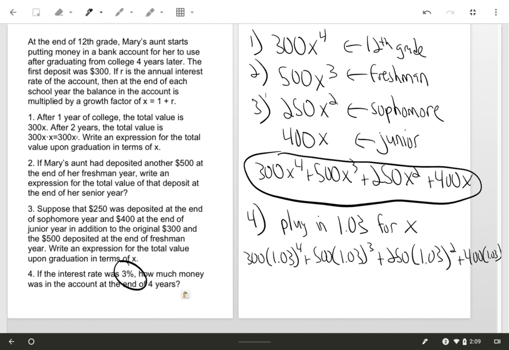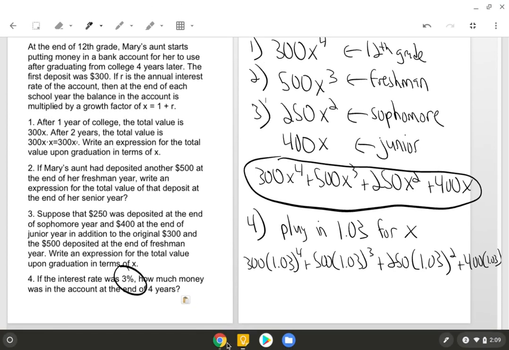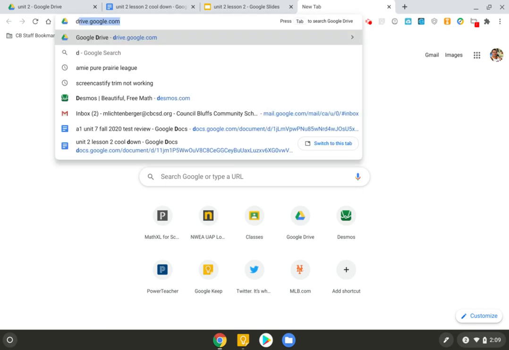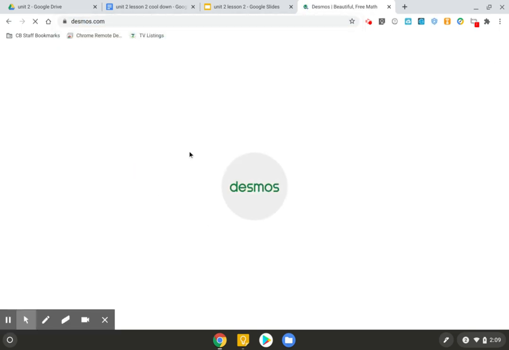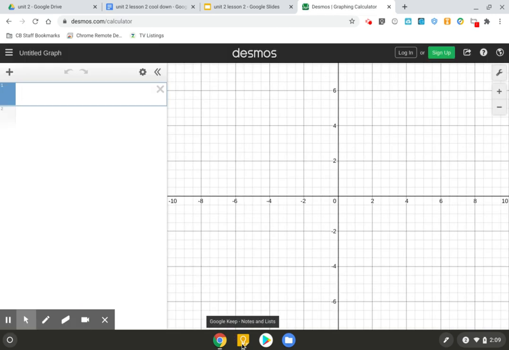Now, I don't expect you to be able to calculate this on your own, so I'm literally going to put this into Desmos to make my life a little bit easier. And you can do that. So I'm literally going to type this into Desmos as is.